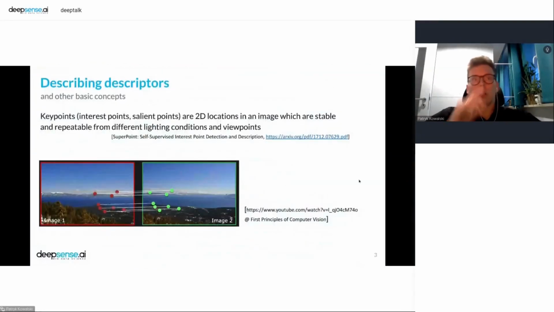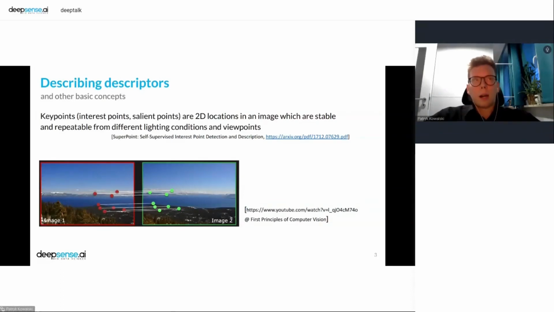Okay, so a key point on an image, also known as an interest point or a salient point, is a two-dimensional location in an image which is stable and repeatable from different lighting conditions and viewpoints. What this means is we have a couple of images of the same scene. In this case, we can see a mountain range, and two images with similar weather conditions and similar illuminations, but a bit different viewpoint, different scale maybe, and different angle.